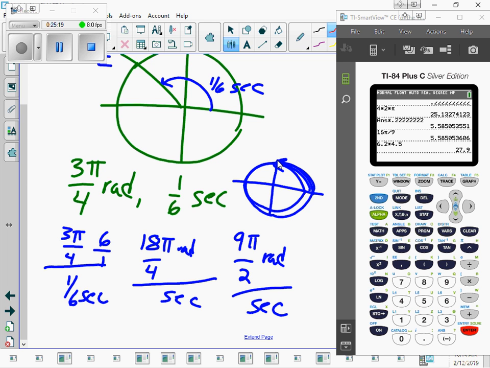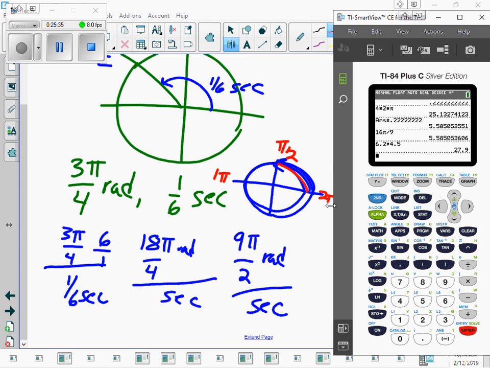Let me check that again. So this is pi over 2. This is 1 pi, and this is 2 pi. 9 over 2 is 4.5 pi, right?